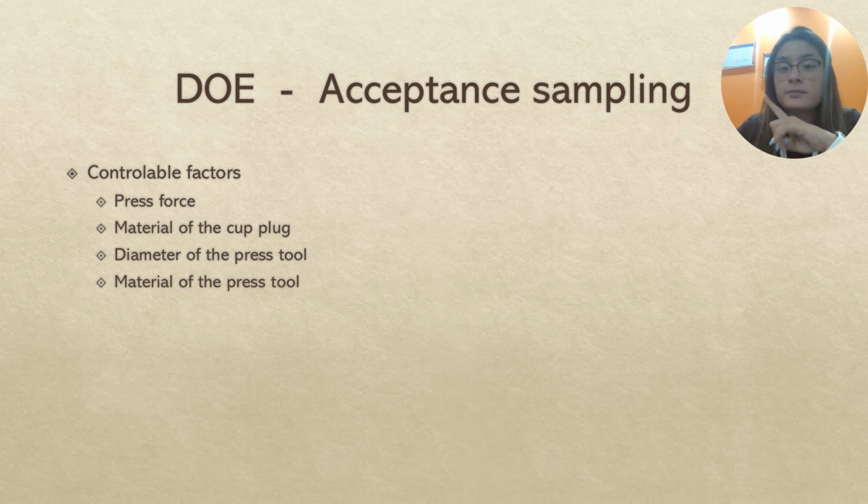First of all is the press force that we are applying on the cup lock. The second one is the cup lock material, just to know if we have to make it a little bit harder. And the other two are for the press tool, because the process can be changed, and this will be for the diameter or the material of the press tool.